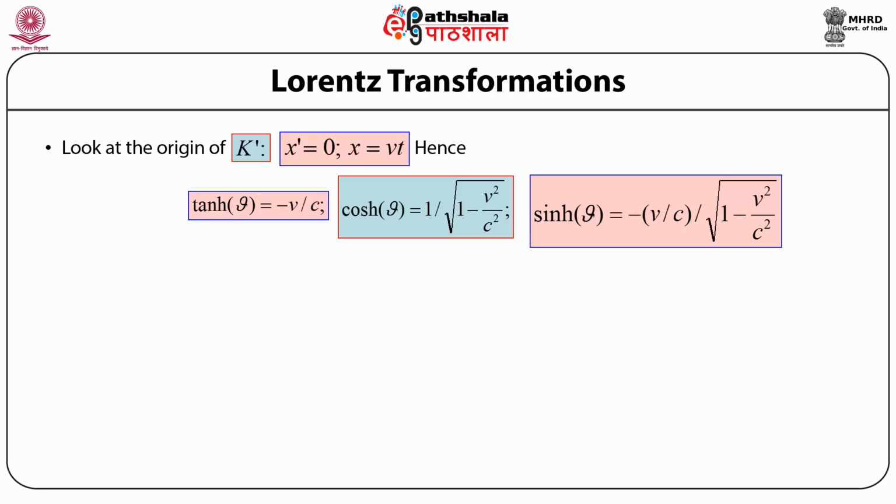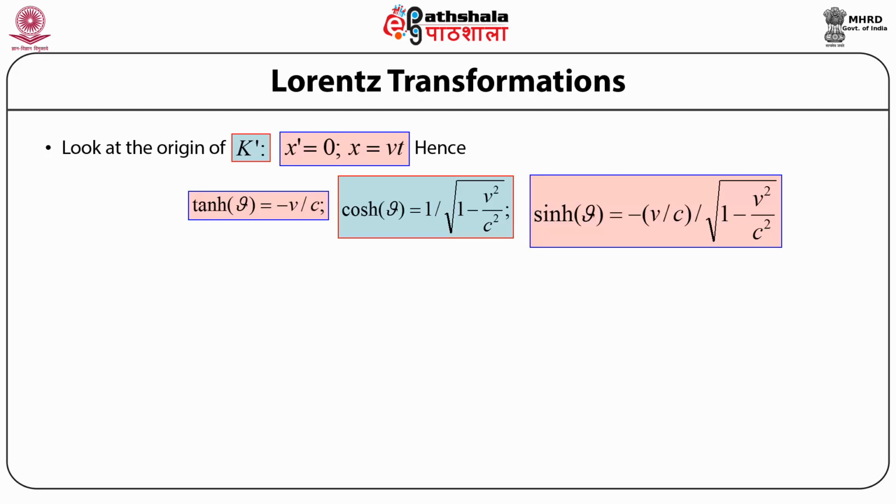And finally, from the equations of tanh and cosh, we can write the equation for sinh, which is given as sinh(θ) is equal to −(v/c) upon the square root of 1 − v²/c².